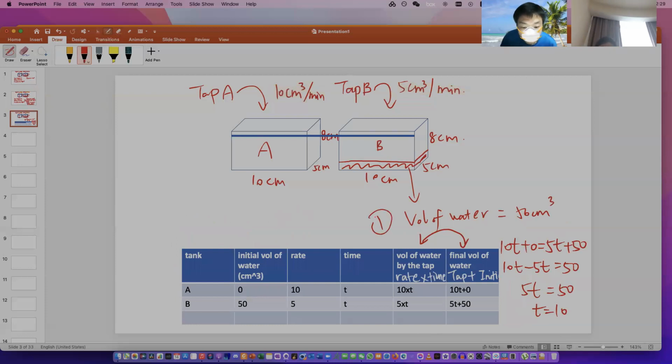Both methods work. This question is quite difficult, but it's not the hardest. So let me give you a modified version of this question.